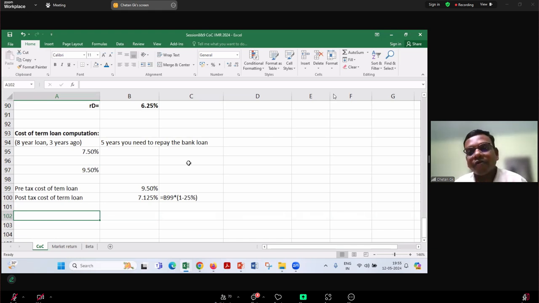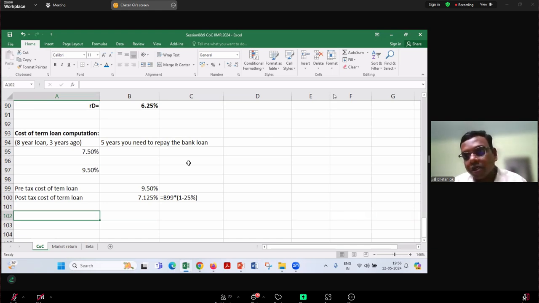Supposing that I have a private company, Chetan Provisions, Chetan Groceries, Chetan Supermarket. It's a private company, not a listed company. Chetan Enterprises, Chetan Transport, or I may be having an industry called Chetan Paints. So how do I compute cost of equity in such situations?